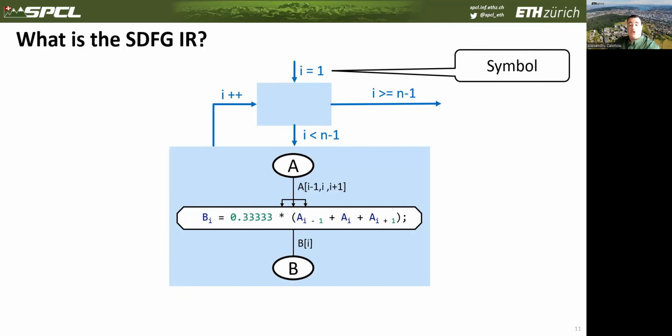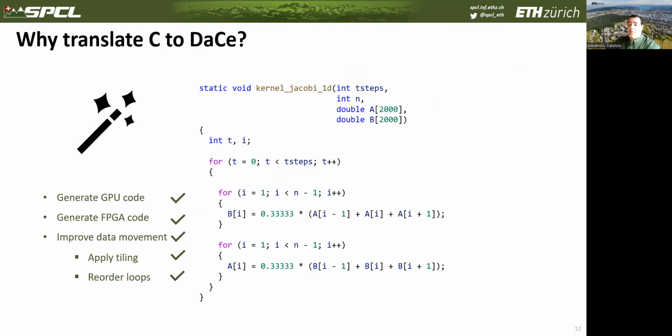Now that we had a short crash course in what an SDFG is, let's move on to the question of why translate C to DaCe? Well, as discussed in the previous slide, if we could bring C code, such as a Jacobi 1D stencil, into DaCe, then we could generate GPU code, FPGA code, and improve data movement with transformations such as tiling and reordering of loops simply automatically.